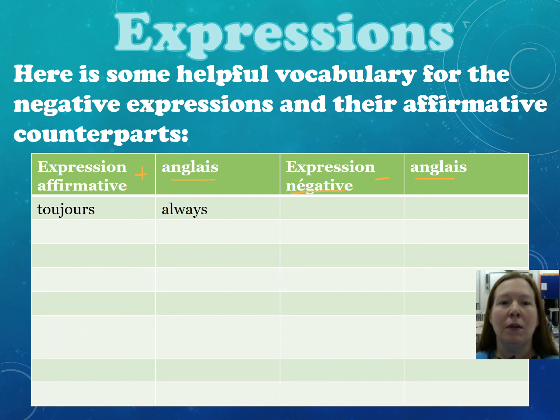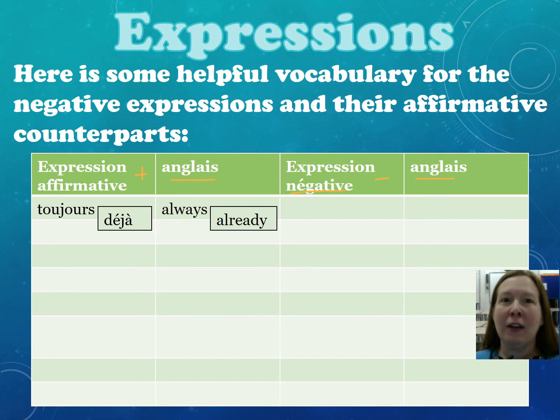Toujours means always. And then I missed one here. You can always use déjà, which means already. The negative expression that would go along with these is, of course, jamais, meaning never. Tout means all. And tout, remember, is an adjective, so you would make that masculine, feminine, singular, plural, depending on what you're talking about.